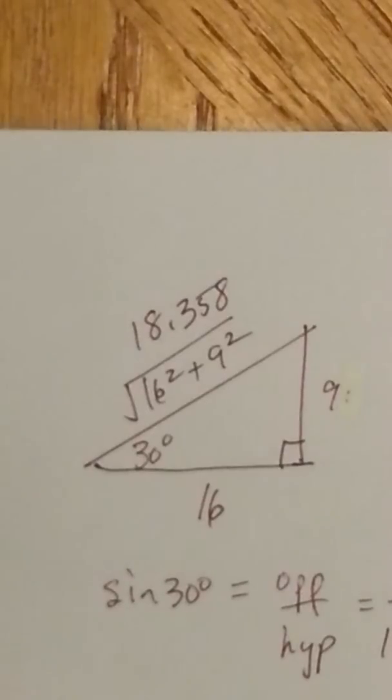And 9 divided by 16 is 0.5625. Okay. So accuracy is not incredible here, but at least it's somewhat close. And of course you could do cotangent, secant, and cosecant just by taking the reciprocal of these. All right. So that's one triangle we got.